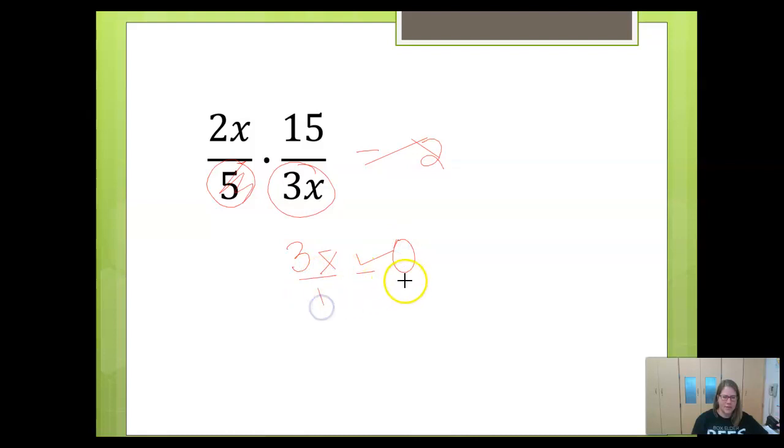So just divide both sides by 3. And my marker is just not working. But so x does not equal 0. Right? X can be anything else, but once I put a 0 in for x, that's going to give me that 0 on the denominator, and 15 divided by 0 would be undefined. So that is why x cannot be 0.